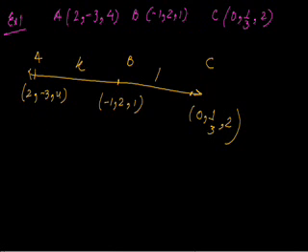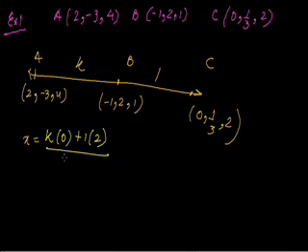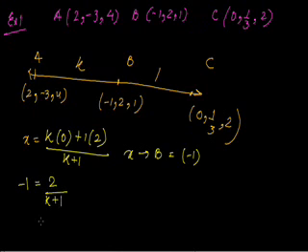So the x coordinate will be (k into 0 plus 1 into 2) upon (k plus 1), and the x coordinate of B is minus 1. So we substitute x equals minus 1, which equals 2 upon k plus 1.